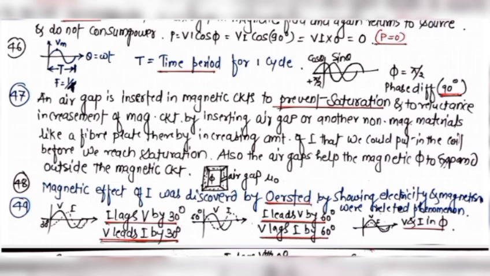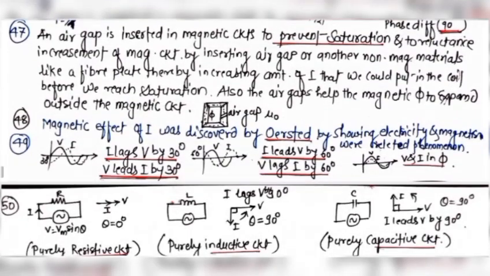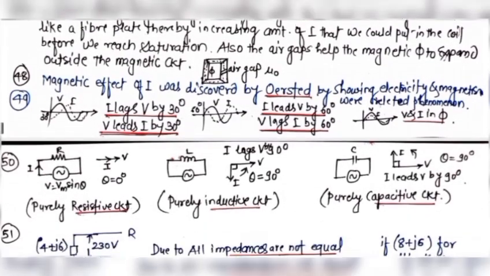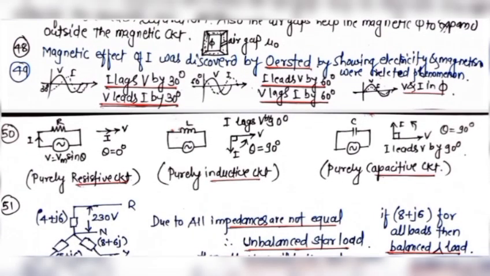Also, the air gap helps the magnetic flux to expand outside the magnetic circuits. The magnetic effect of current was discovered by Oersted, showing electricity and magnetism were related phenomena.